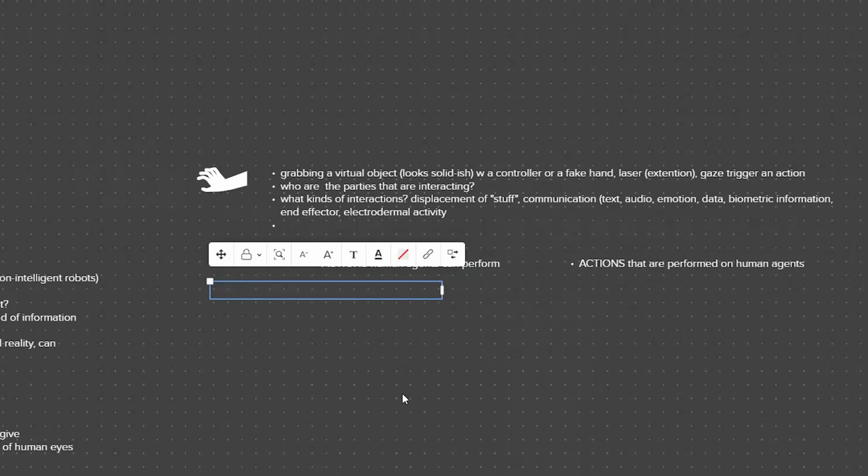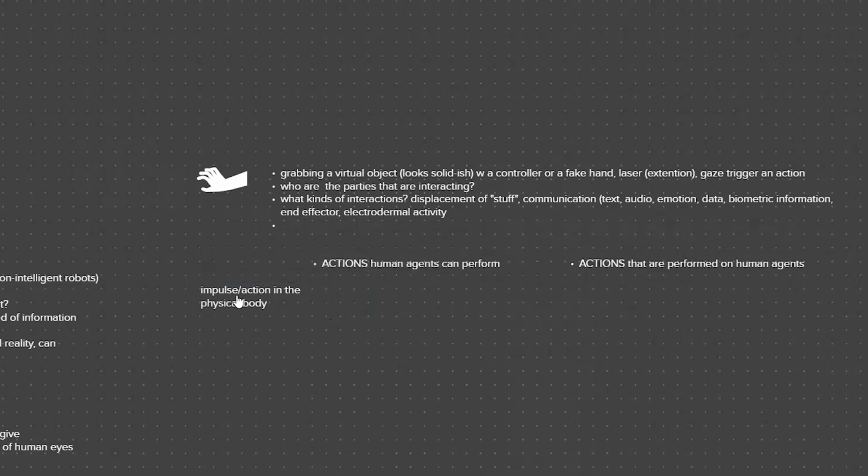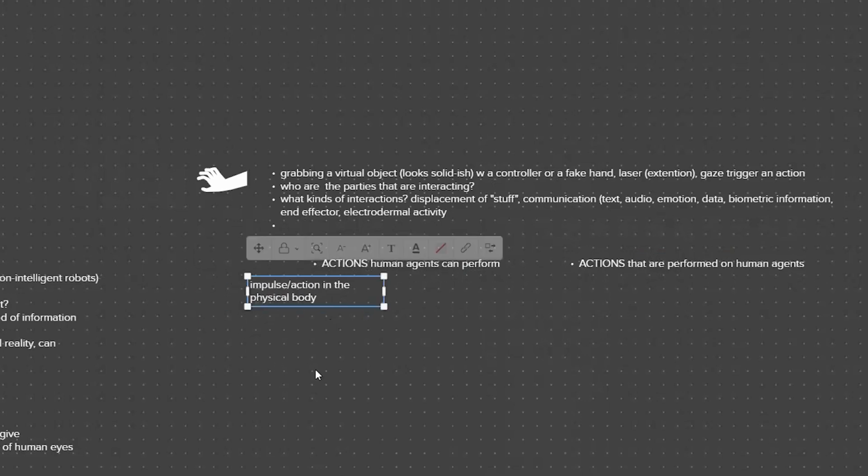So what is, I guess I'm going to call it, the impulse or action in the physical body, because the initial action has to be initiated in the physical body somehow.